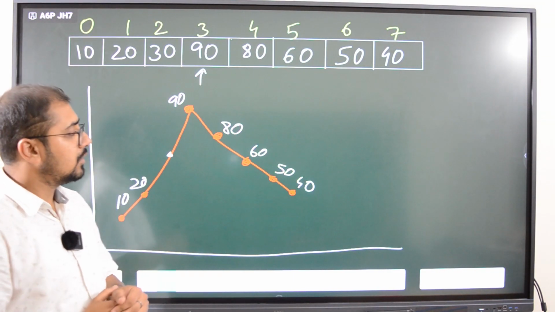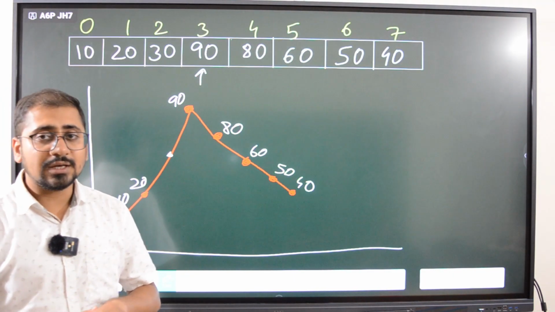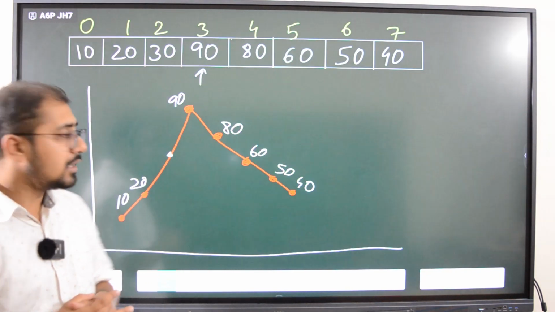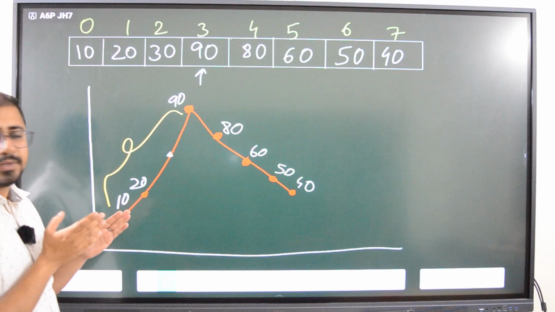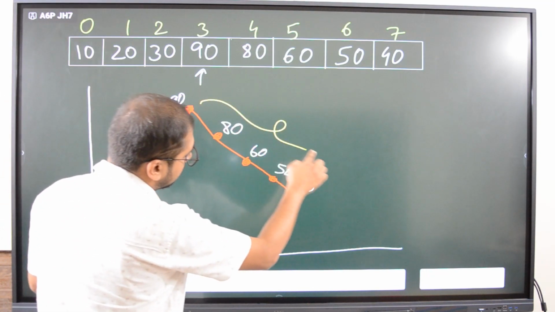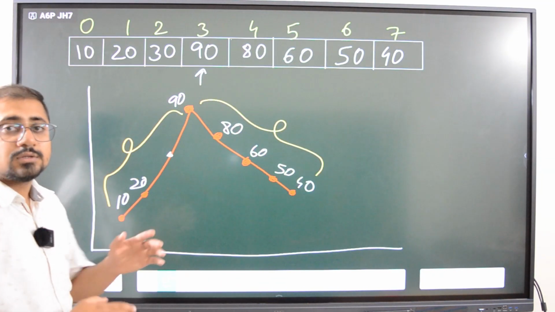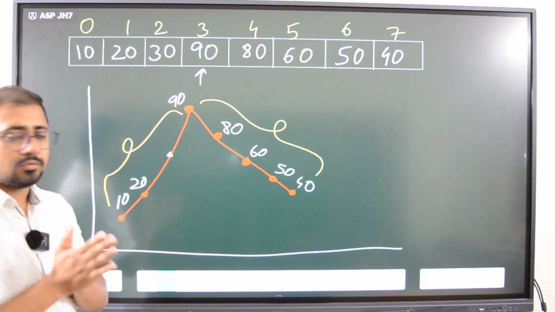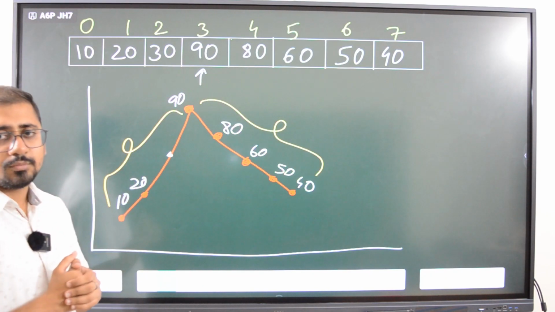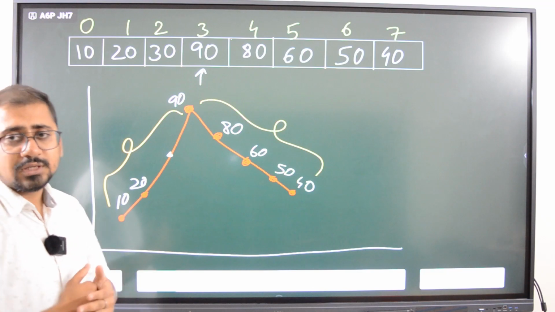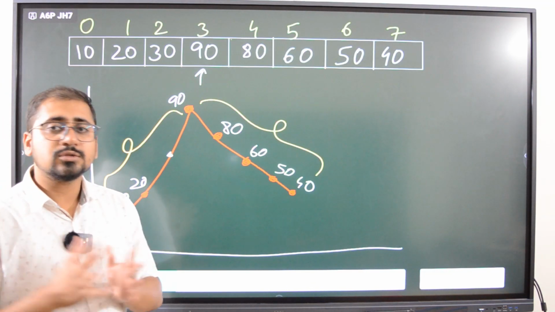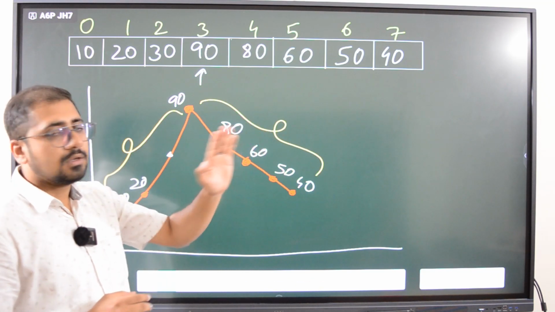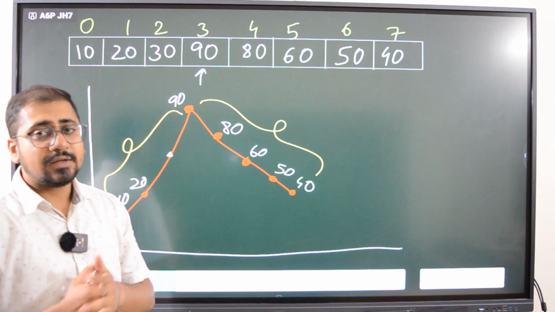Now suppose I have the left slope here and the right slope here. If my mid value comes on the left slope, then it is clear my peak will be on the right side. If my mid comes on the right slope, then it is fixed that my peak will be on the left side this time.